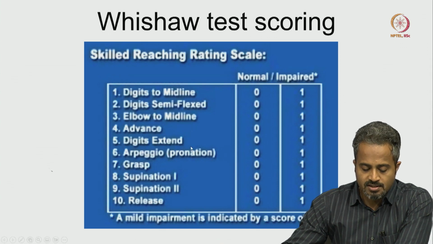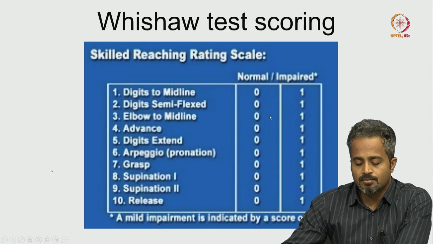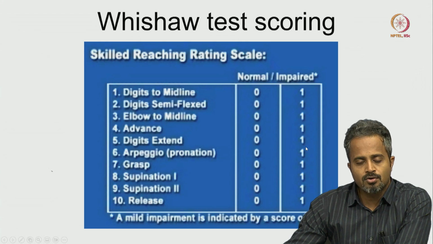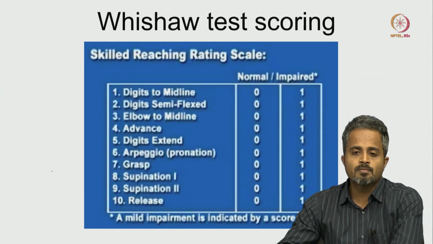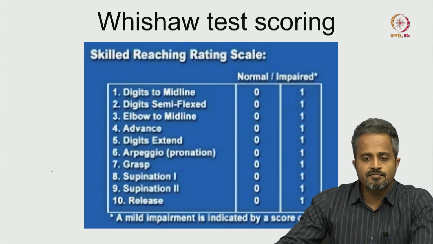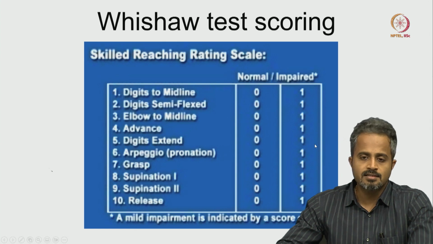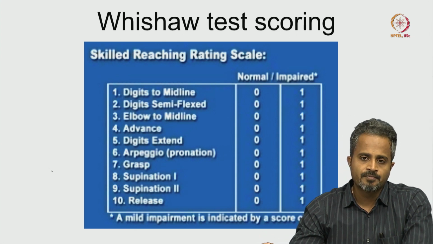And what exactly is the arpeggio? Is the pronation really complete, or is it impaired? That point-to-point comparison is important to make sure that there is some manifestation of the stroke surgery, and that the rat does have some weakness in performing the task.